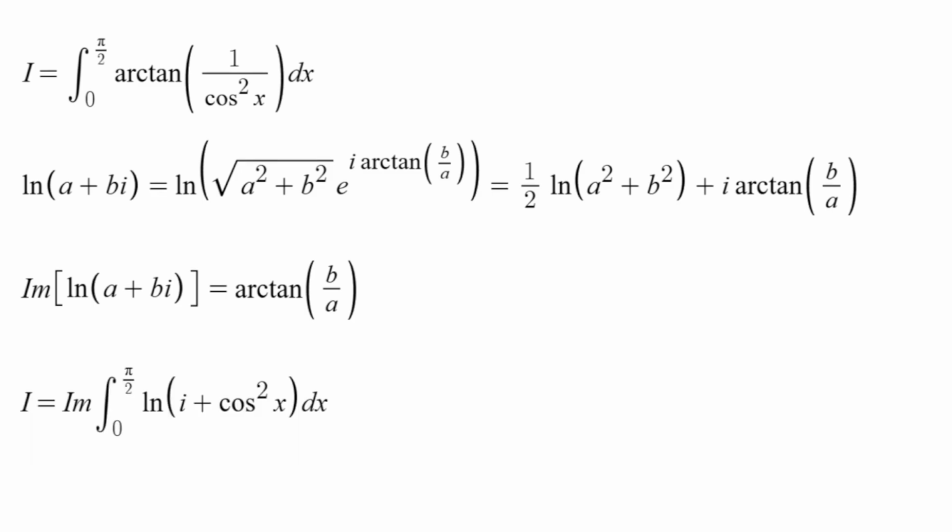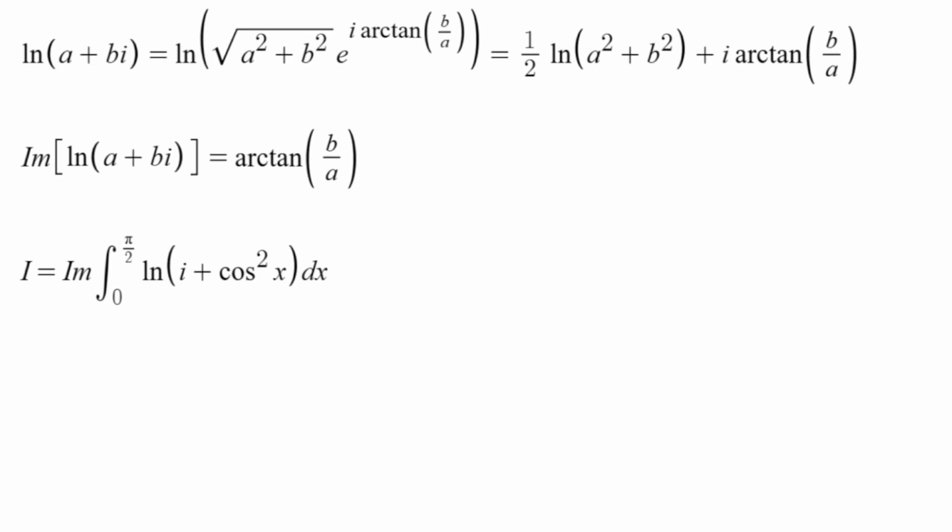All right, so next we can just rewrite I as the imaginary part of the integral from 0 to pi over 2 of the natural log of i, which is our b part. Well, our b would be 1 because this is technically 1i. So we can rewrite it as the imaginary part of the integral from 0 to pi over 2 of natural log of i plus cosine squared x.